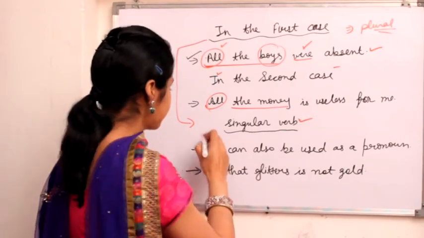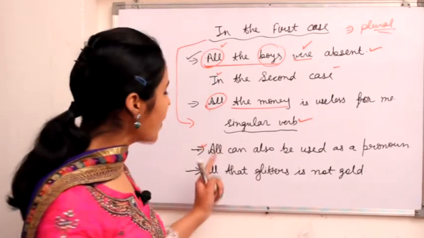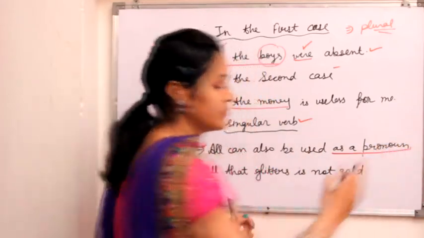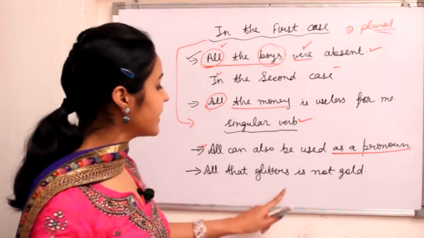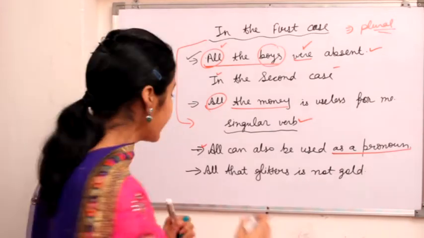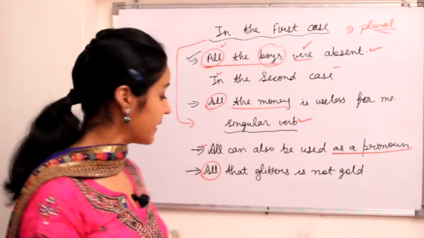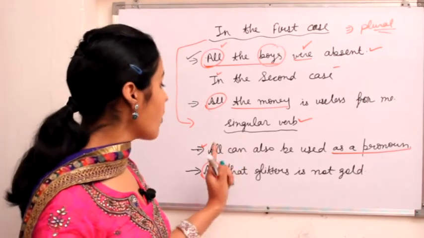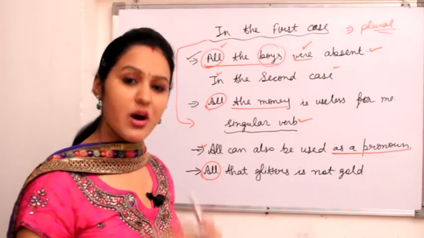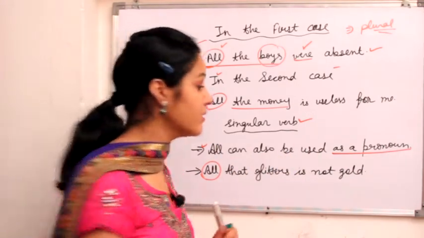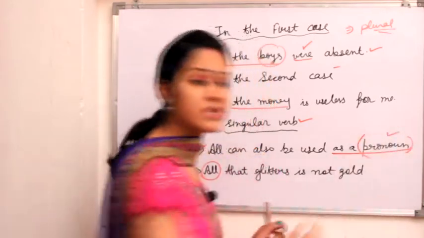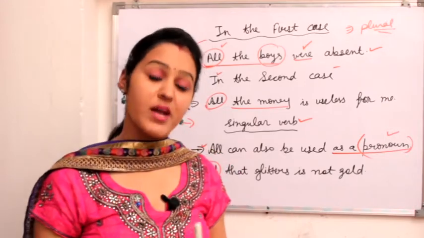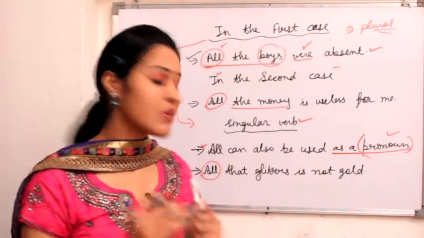And what is the next? The next is all can also be used as a pronoun. So all that glitters is not gold. Here I use all because all that glitters is not gold. A pronoun is used in place of a noun, and a noun is the name of a person or a thing.